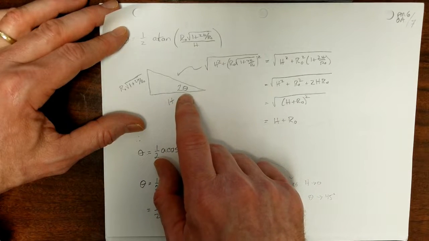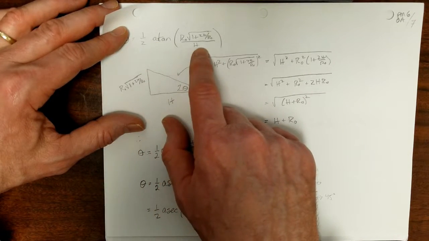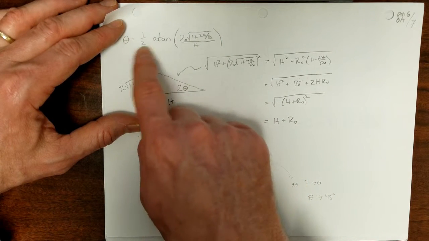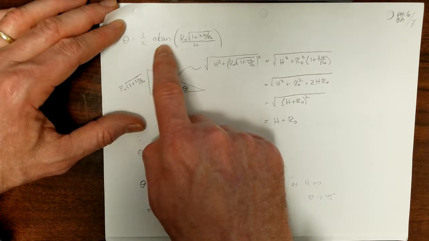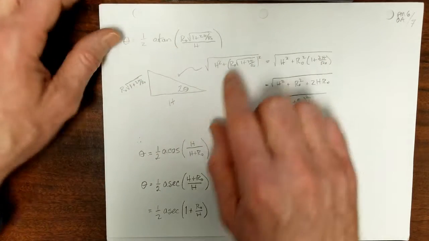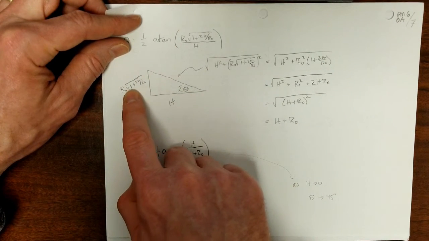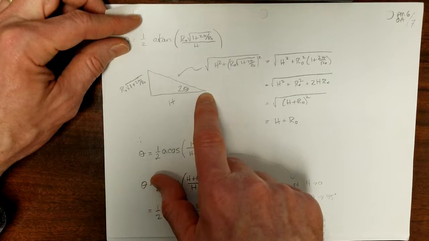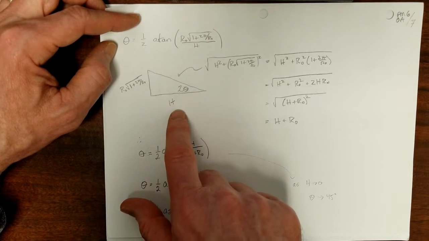Now, if I look at my triangle here, the arctangent of this relationship is half the angle. In other words, 2 theta is equal to the arctan of that, or tan of 2 theta is equal to this. In other words, if I have a triangle here where that is the opposite side and that is the adjacent side, then this holds true.